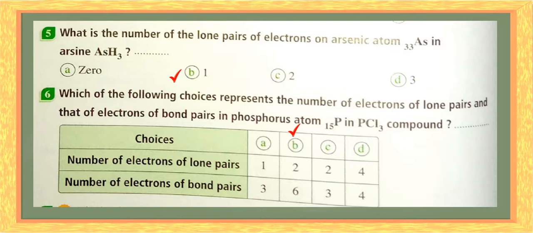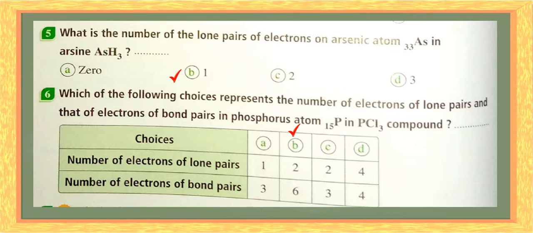So the number of electrons of lone pairs will be 2, and the number of electrons of bond pairs will be 6, making 8 electrons in all.